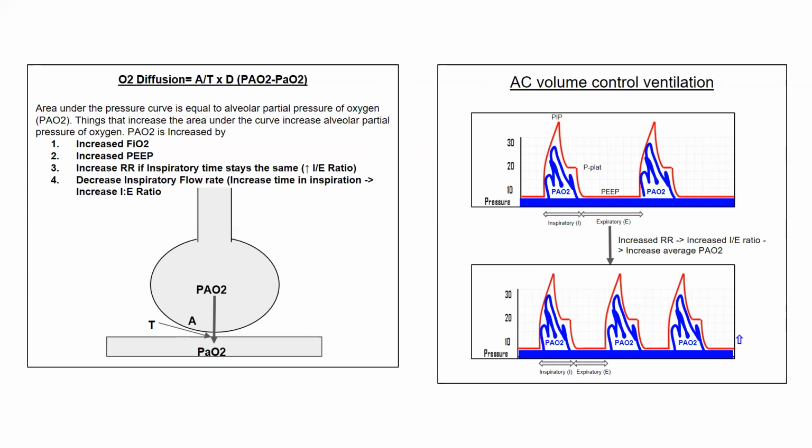But if you remember, if you increase your respiratory rate while maintaining the same inspiratory time, you're going to increase the area under the curve here, increasing that PaO2 over time.